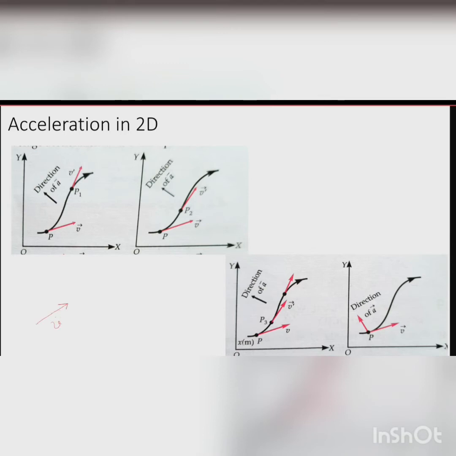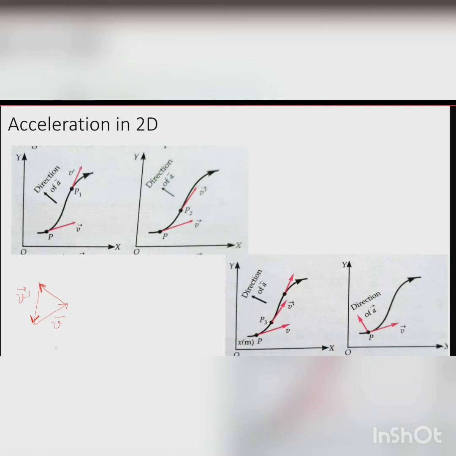So I draw the V vector. I am just displacing the vector parallel to itself. So this is V vector. Now, if this is V prime, then somewhere along this direction would be your minus V prime.